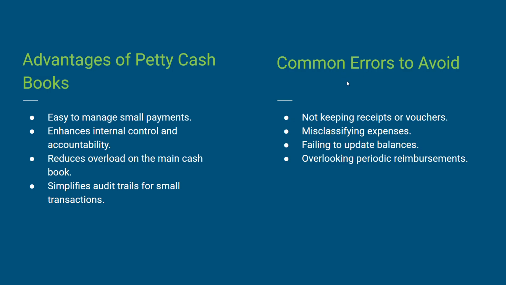What petty cashiers will sometimes do, which is not correct, is that they might not keep track of receipts or vouchers, and those are important because, remember from the previous video, those receipts are our source documents.